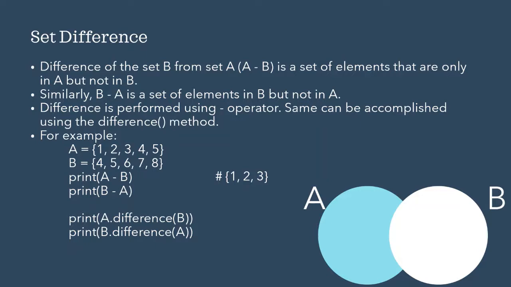If I say print B minus A, it prints B's unique elements, which in this case will be 6, 7 and 8. In the same way, A dot difference of B will give you 1, 2, 3, and B dot difference of A will give you 6, 7, 8.